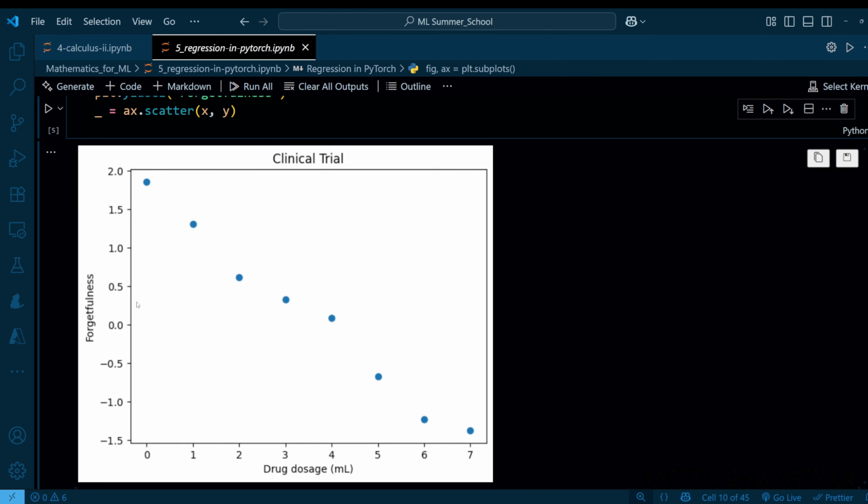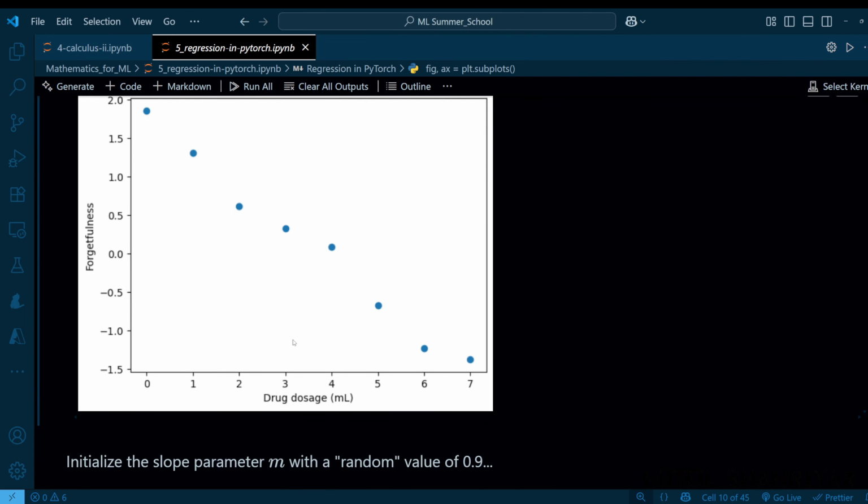Obviously we can get that from the linear line, and to create it we surely need m and b, right? m is the slope, and b is how much we should cut from the y-axis.